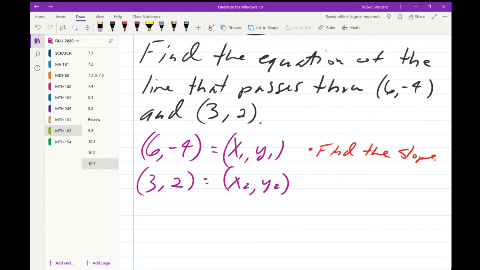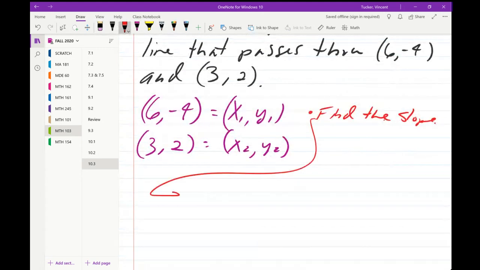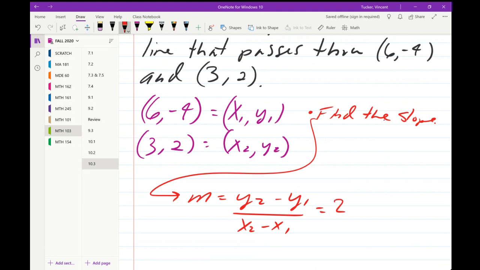So we need a slope in order to find this equation, so we have to find the slope first. So it's y2 minus y1 over x2 minus x1. y2 is 2, y1 is negative 4, then x2 is 3, and then we have 6 for x1.